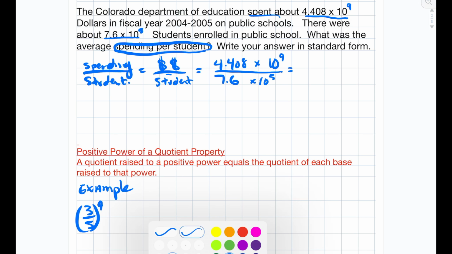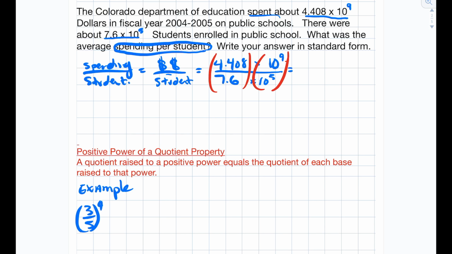And just like we did in the previous problem, we're going to break this up into two division problems. Makes this much easier. So you type in your calculator 4.408 divided by 7.6, and that gives you 0.58 times 10 to the, and what do we do with these exponents right here, folks? Right, subtract them. So 9 minus 5 is 4.